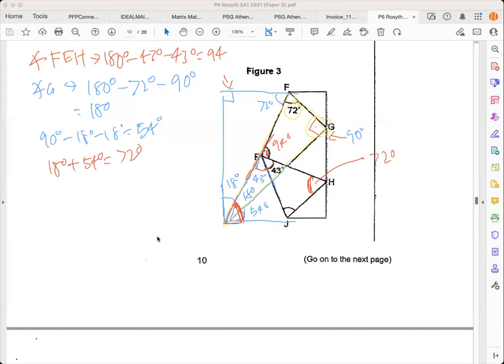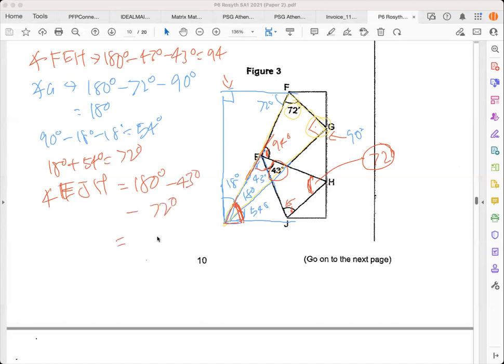Now, angle in a triangle, 43, 72 plus this angle, the required angle, which is angle EJH. Angle EJH is equal to 180 minus 43 minus 72 degrees.